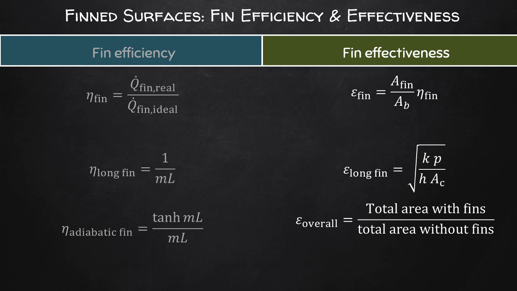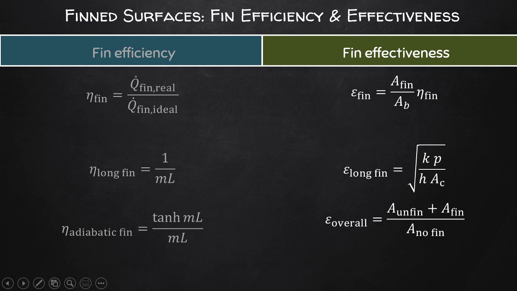Okay, so how do we calculate this? Well, the overall efficiency is defined as the unfinned areas plus the finned areas, or the areas of the fins themselves, divided by the surface area if no fins were present at all. And what a beautiful question a lecturer could ask about this.